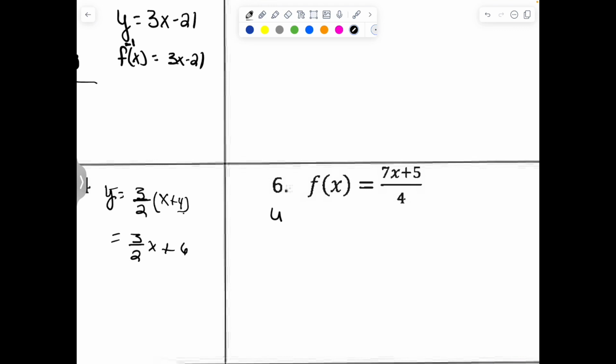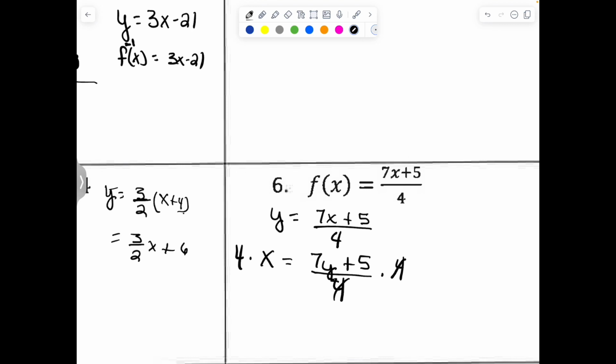So I'm going to change this to y is equal to 7x plus 5 over 4. X is equal to 7y plus 5 over 4. Now, how do I get rid of the 4? To get rid of the 4, I'm going to multiply the whole thing by 4.